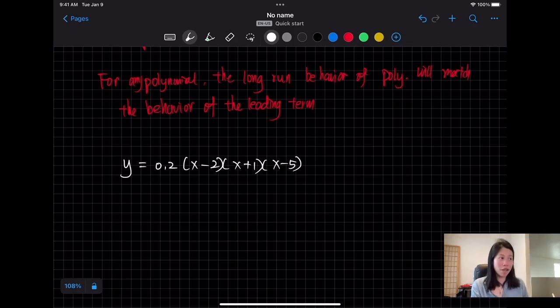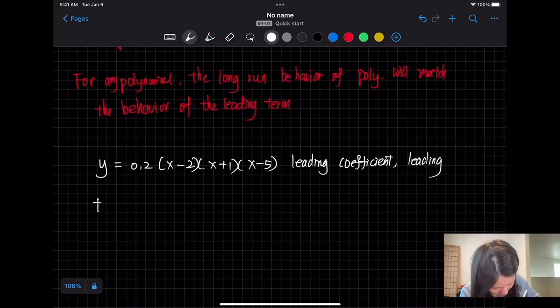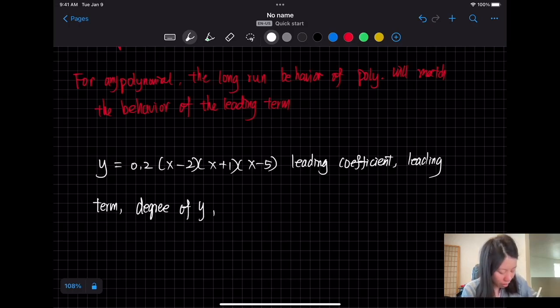I want you to find the leading coefficient and the leading term and the degree of the polynomial, also the long run behavior of the polynomial. Okay, so how do we do this?